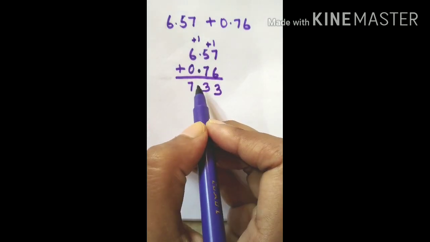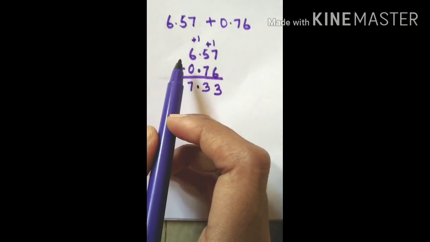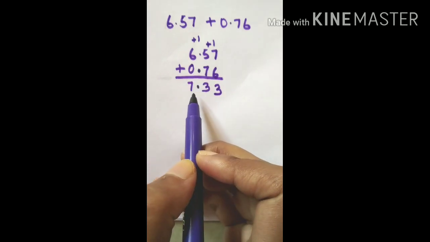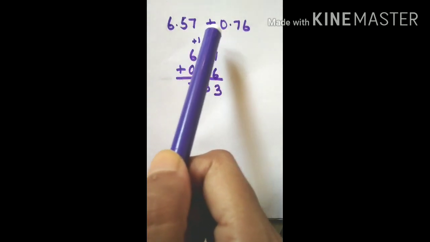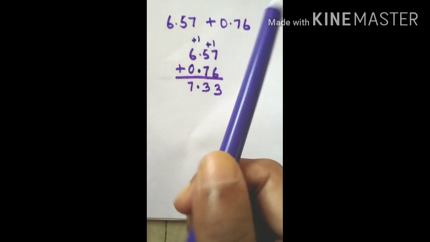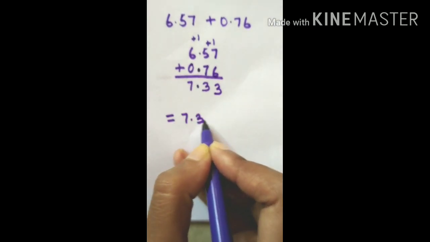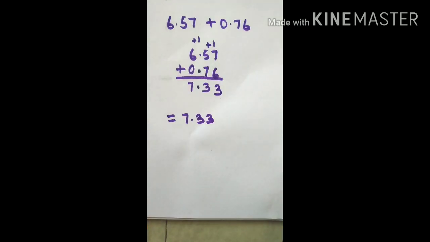And we will write the point here. So when we add 6.57 and 0.76, we get 7.33. So 6.57 plus 0.76 is equal to 7.33. So students, this is how we add decimals.